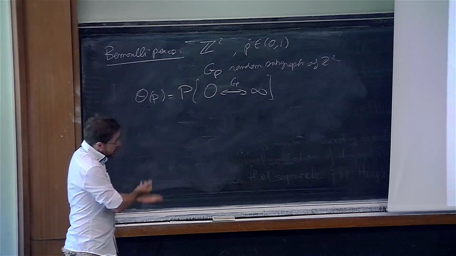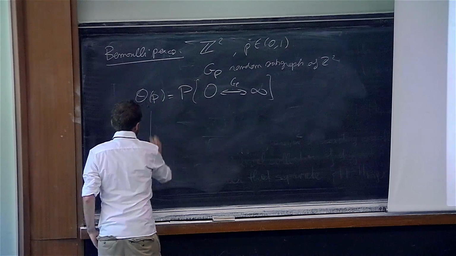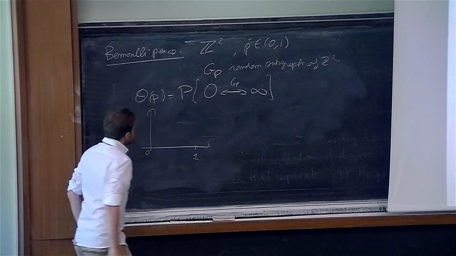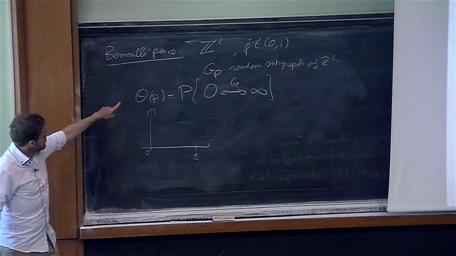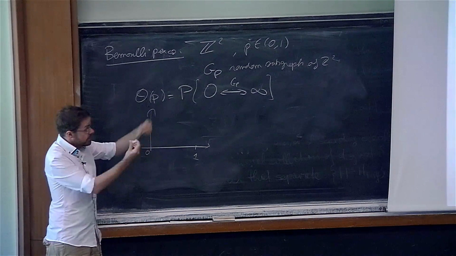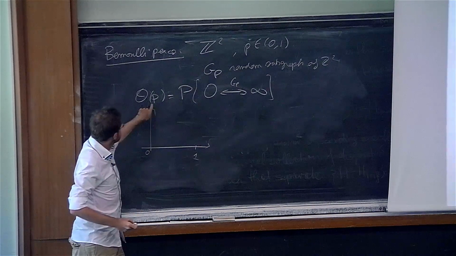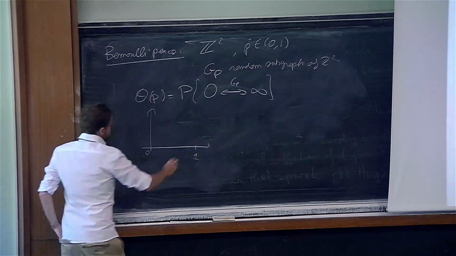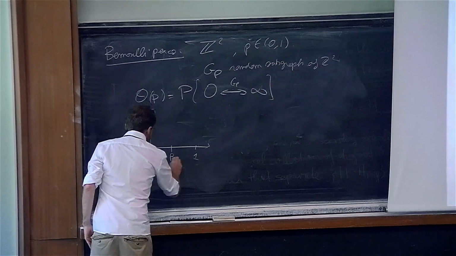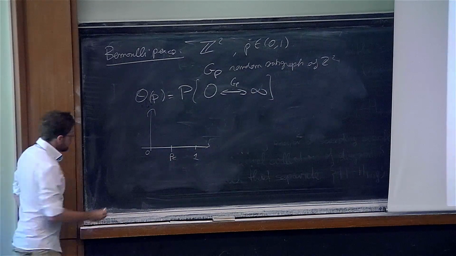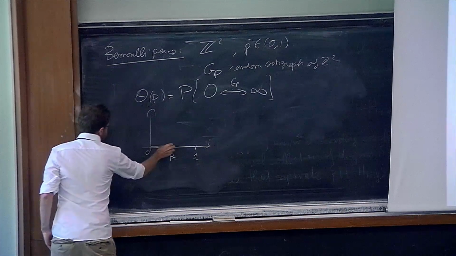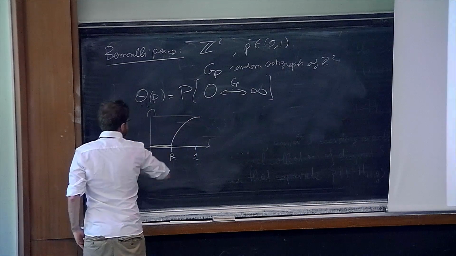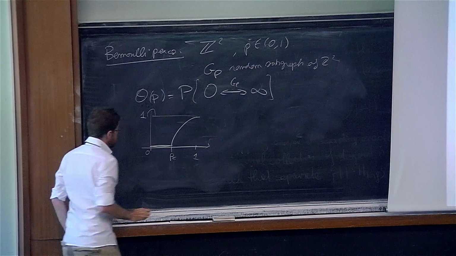And so if you look at the graph of this function, so this is 0, this is 1. If you put p equal to 0, theta is 0, because everything is formed of atoms. If you let p equal to 1, everything is connected, so theta of p is 1. And it turns out that there is a critical parameter, Pc, such that theta is 0 up to Pc, and then it's positive and going to 1 as p goes to 1.